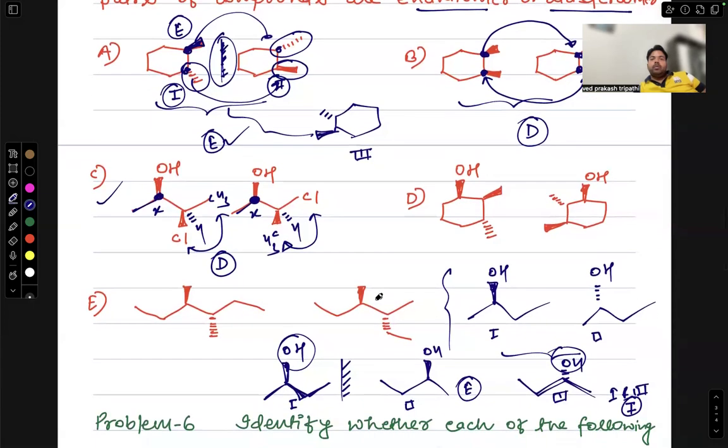Now look at this compound. You can find out RS for all the 3 chiral centers. You can see this wedge has wedge OH, no change. But there is a change with respect to this and this chiral center.